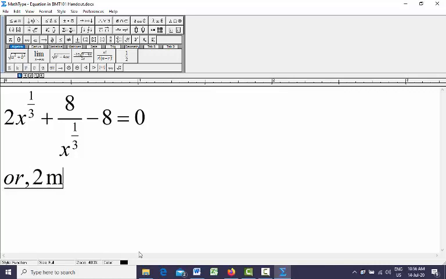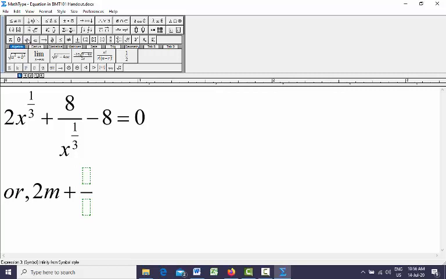So we have m here, plus, and here we can write 8 by m minus 8 is equal to 0. So here we are assuming that x to the power 1 by 3 is equal to m.